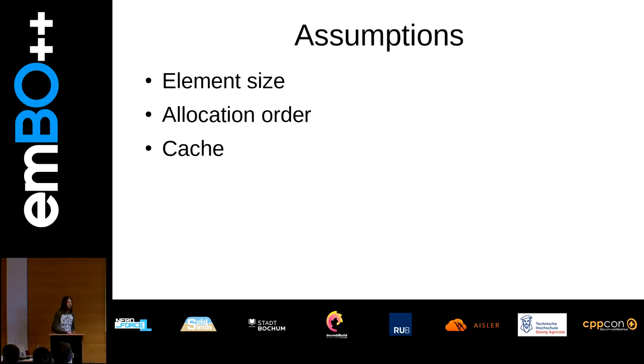And it also assumes a certain allocation order or things like that. Or in the case of a slab allocator, it assumes what your cache size is. So what if we take those assumptions and change them?